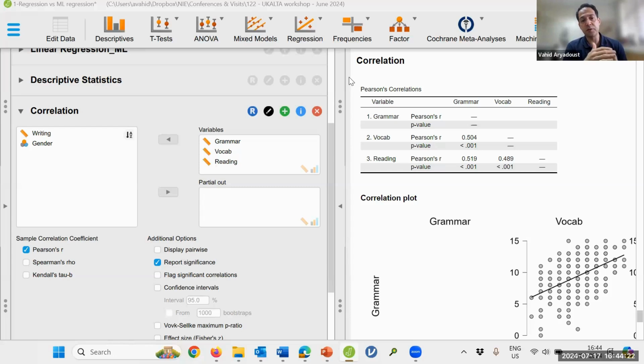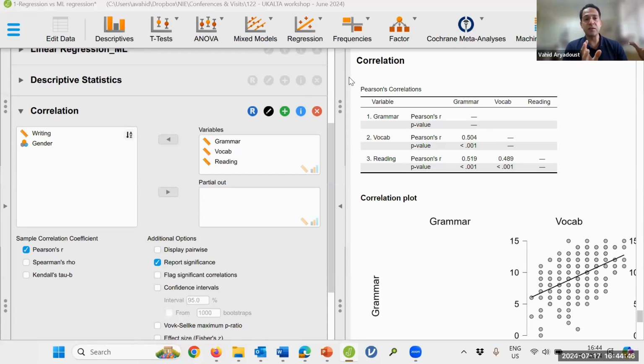Because if you have got 0.7, the correlation of 0.7, it means around 49% of the variance is in common between the two variables. So if you go by that logic, 49% of variance in common does not mean that these two variables are exactly the same.